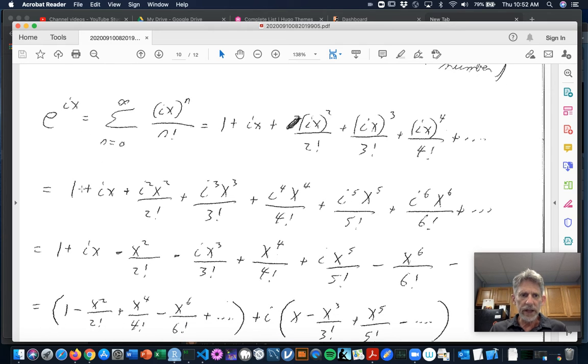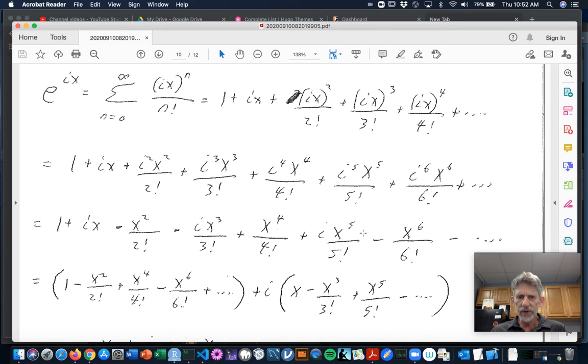And let's work with that a little bit. What if we squared out the ix? You'd have i squared x squared. And if you cubed out the ix here, you'd have i cubed x cubed, and similarly an i to the 4th x to the 4th, and an i to the 5th x to the 5th, and over their respective factorials.